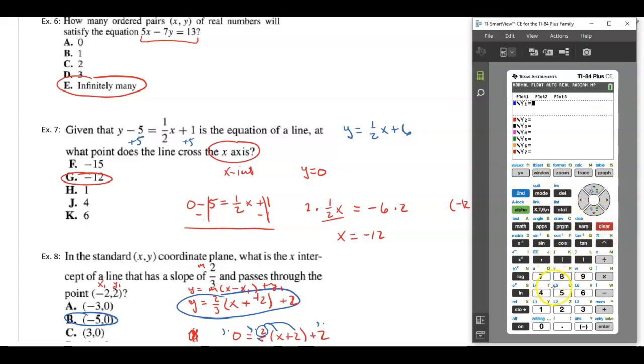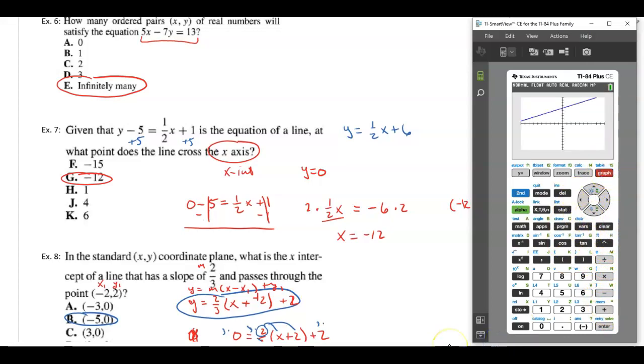I'm going to go y equals 1 over 2, x plus 6, and then arrow down, I'm going to eliminate this, right?